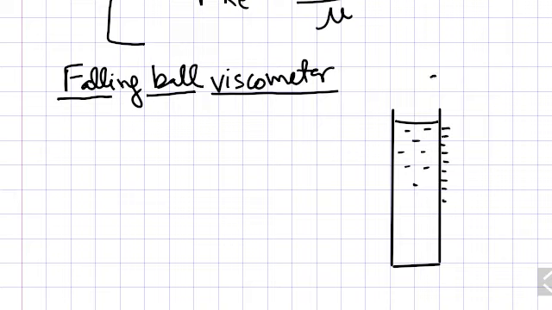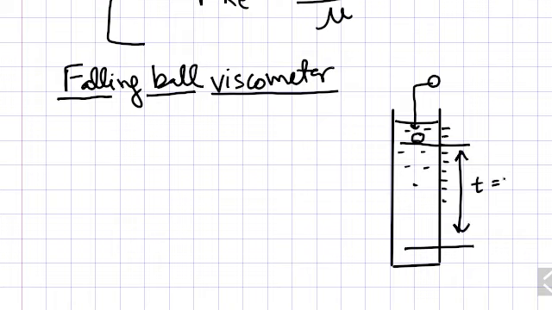Then we have a small ball, a sphere, which we put in this liquid and let fall freely, and we note down the time with the help of a stopwatch, and the length you can measure on the scale.